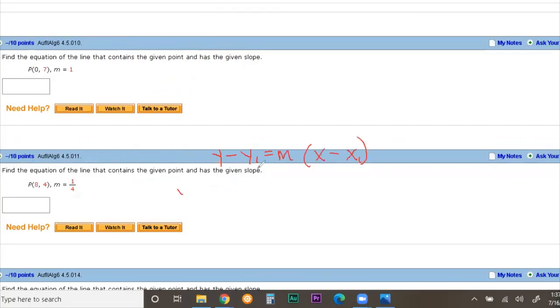So the m that they gave us is 1/4, so we put that in there. And then we have to plug in the x and the y that they gave us. So the x is 8, so we plug that in. And the 4 is the y, so we plug that in, okay?